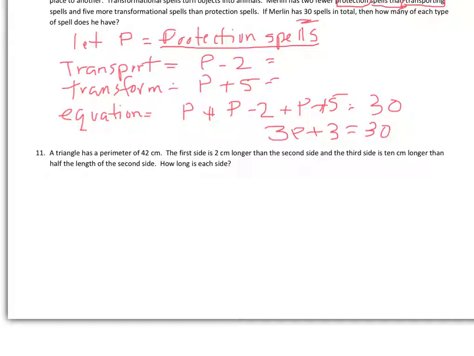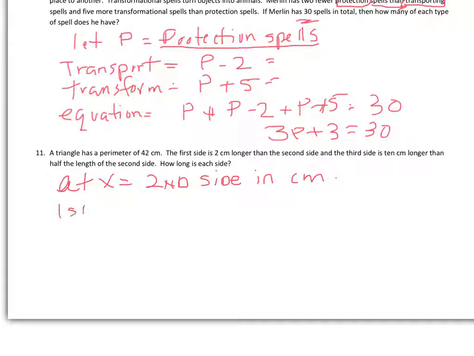Here, we're going to let x equal the second side in centimeters. Remember, we always have to have our units.